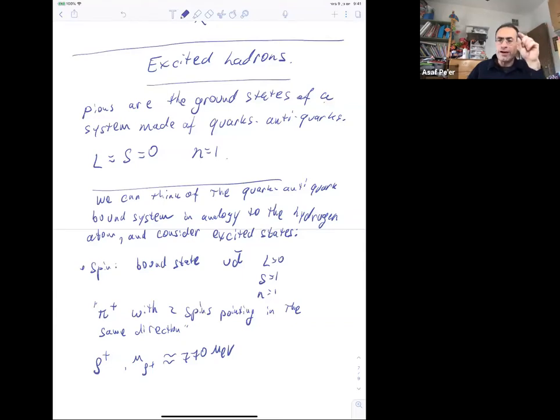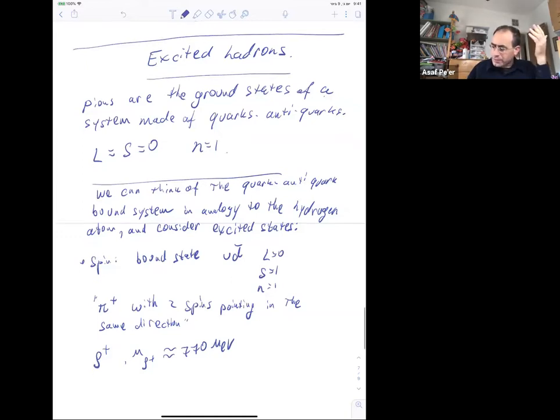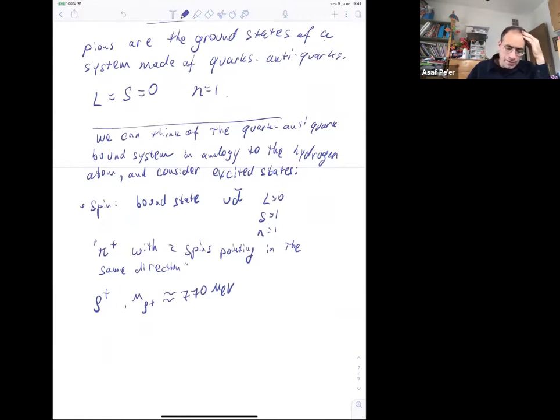So it's not a hyperfine. In atoms, we're seeing that very small splitting, but the difference in the masses between the rho particle and the pion is very large. So I'll just write it down: m rho minus m pion. The hyperfine splitting.